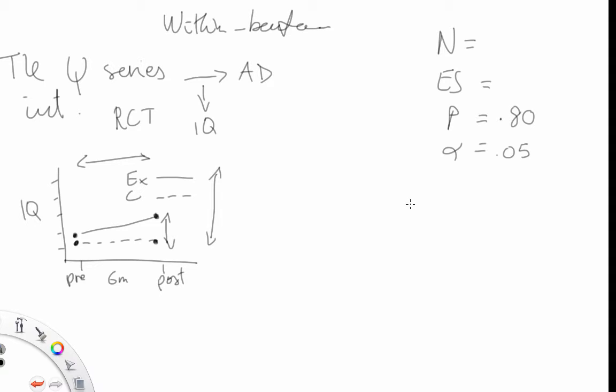So if I have the typical small, medium, and large effect size as given by Cohen, the question that I should be asking is, well, if I find that my intervention produces an effect size of 0.2 on the Cohen's d scale, is this effect size clinically relevant? Does it improve quality of life?